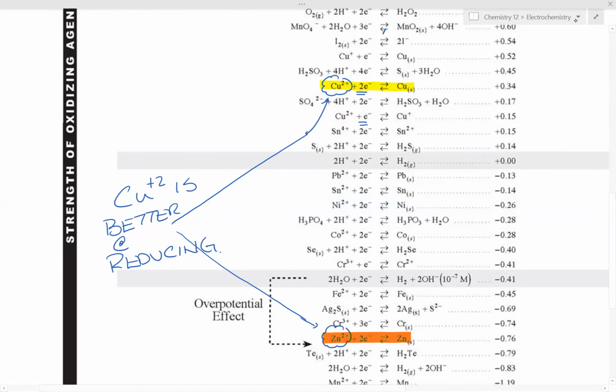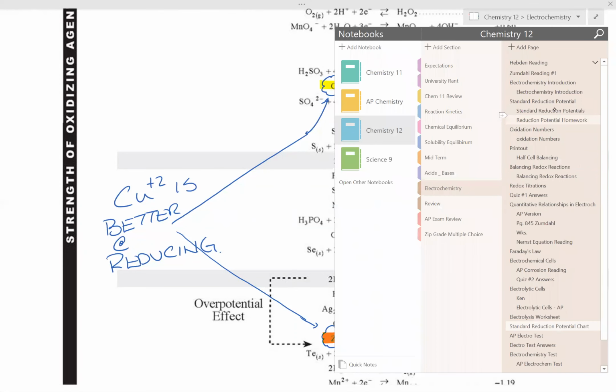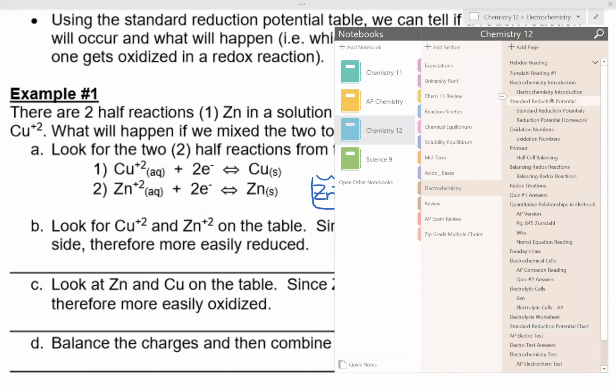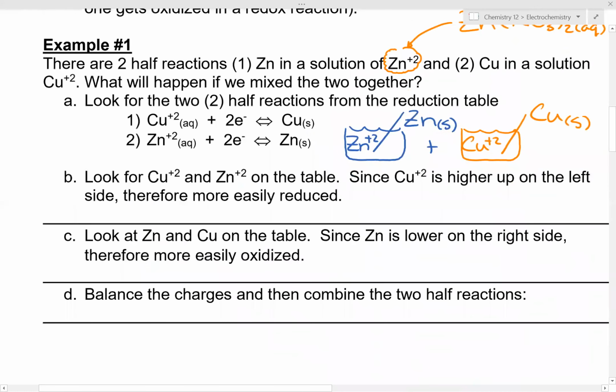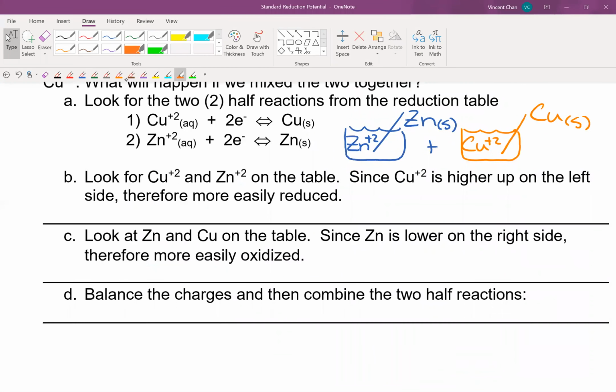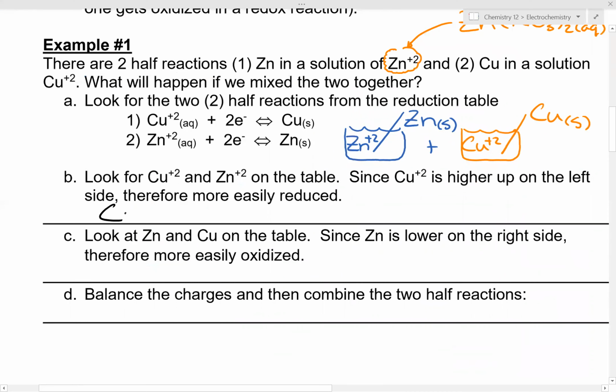Now, in this particular case, what happens is copper will undergo reduction. So we have Cu 2+ and 2 electrons will give you Cu solid.